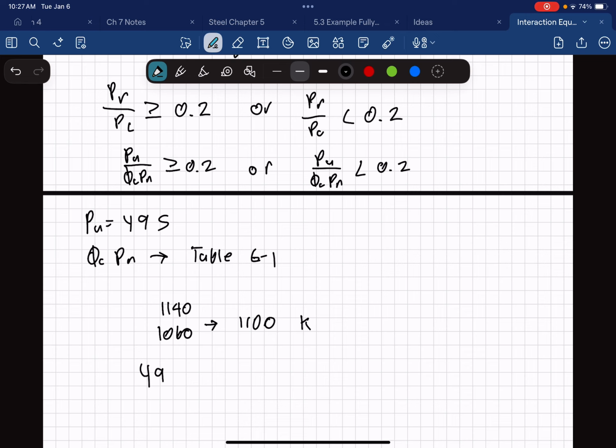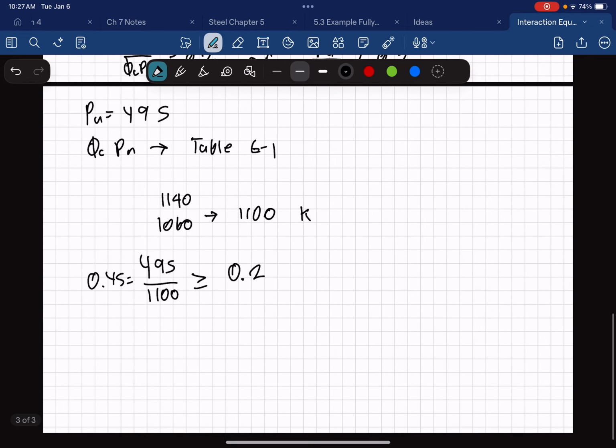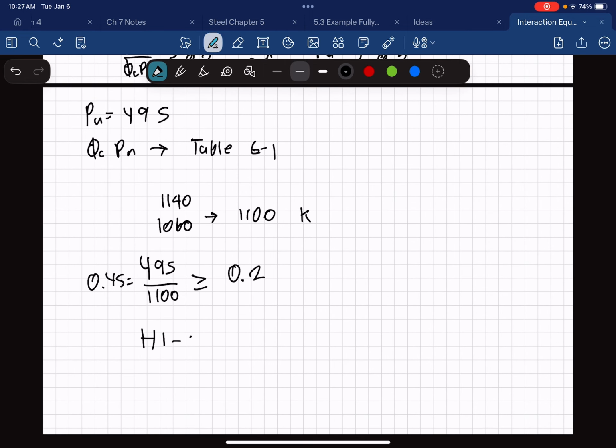So 495 over 1100, we know is going to be greater than or equal to 0.2, right? It comes out to exactly, let's see, 0.45. So yes, 0.45 is greater than 0.2, which means we are going to use H1-1A, which is Pr over Pc plus 8/9 times Mrx over Mcx plus Mry over Mcy.